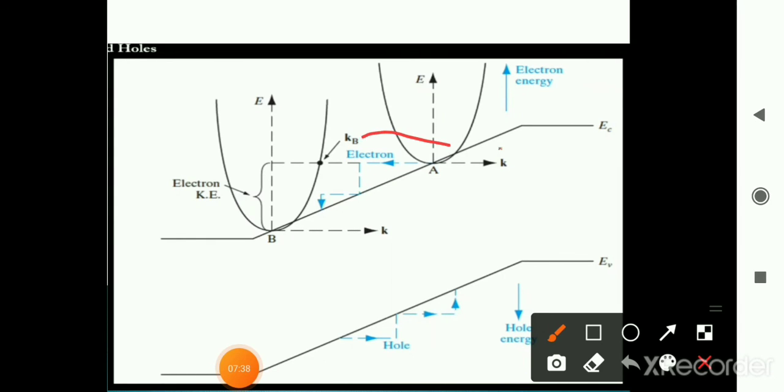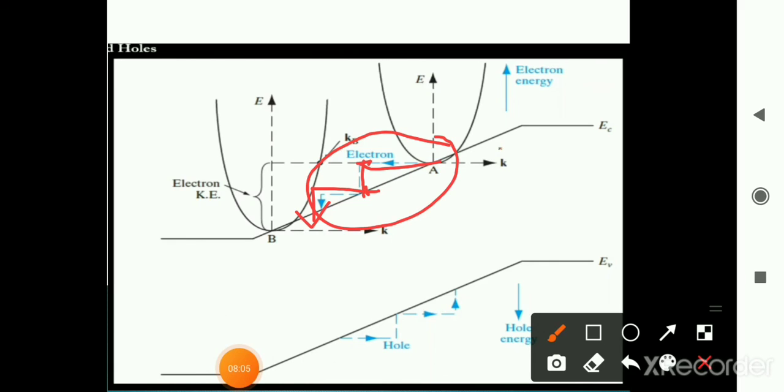Here the blue lines are one way an electron moves from a higher energy state to a lower energy state. Another possible way is like this. The electron may come here and lose its kinetic energy, and for that reason again it will come here and finally it will come to here. So all electrons do the same thing, they occupy the lowest energy state.